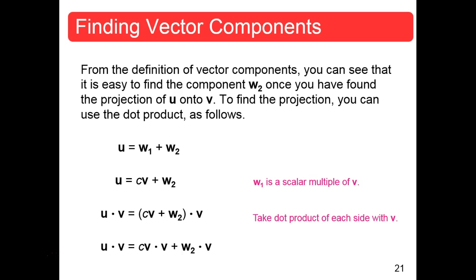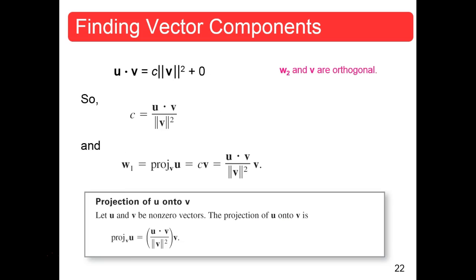So since they are, this dot product is 0. Okay? And all you have left here is C times the magnitude squared, which is what we have here: C times the magnitude squared plus 0, which is just C times the magnitude squared.